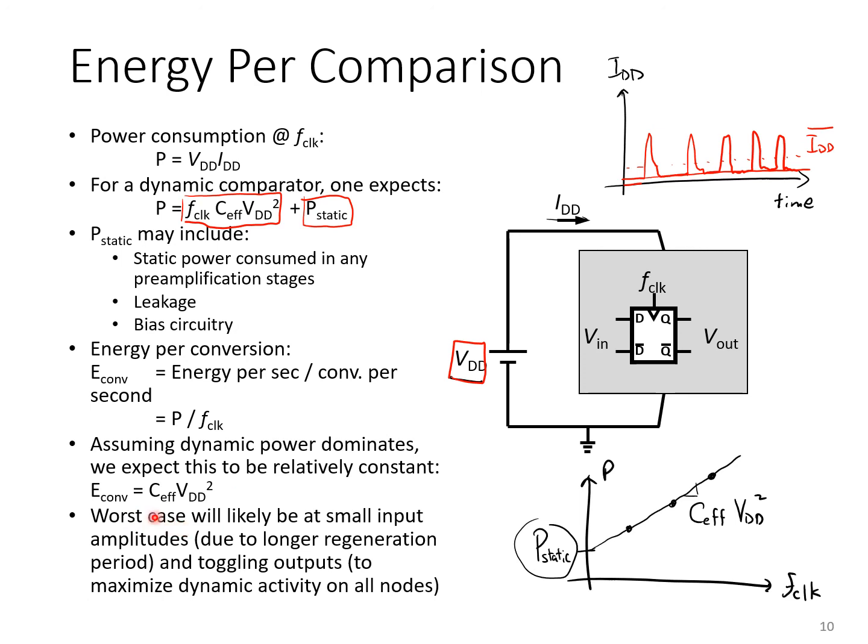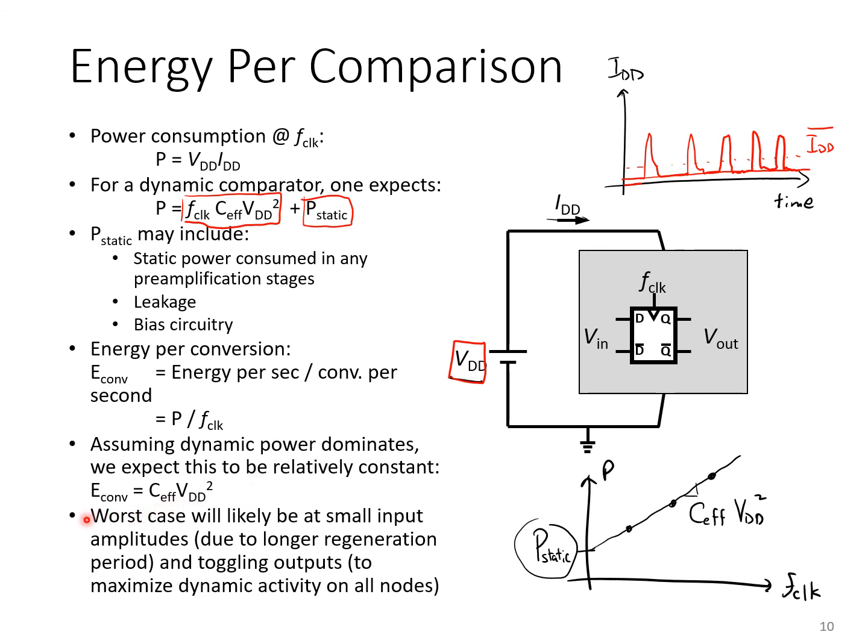So we can use this energy per conversion step to estimate the power consumption at any clock frequency. Again, assuming the static power consumption is small. If the static power consumption is large, you'll want to know that as well and add it to the dynamic part of the power here.